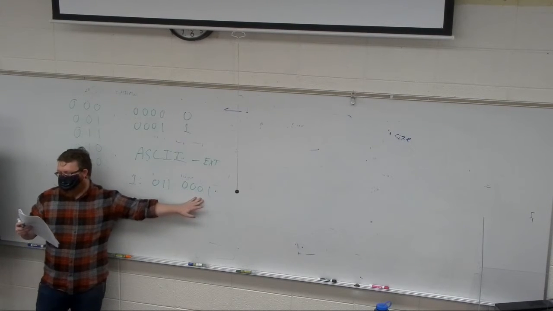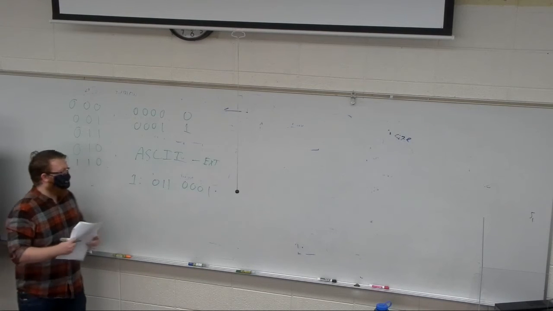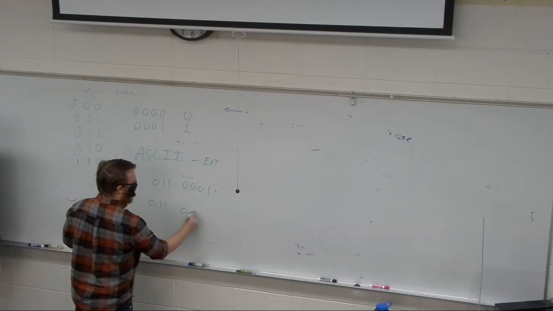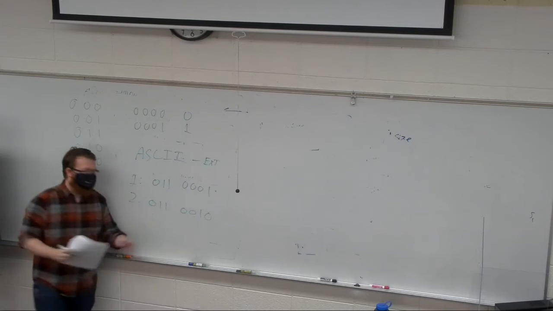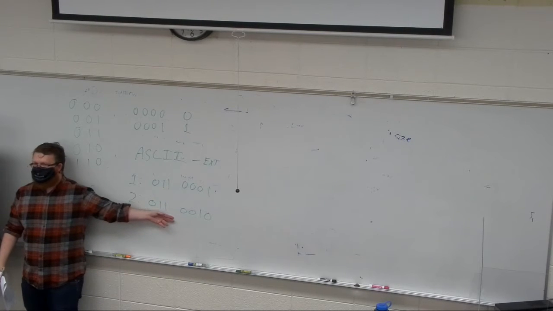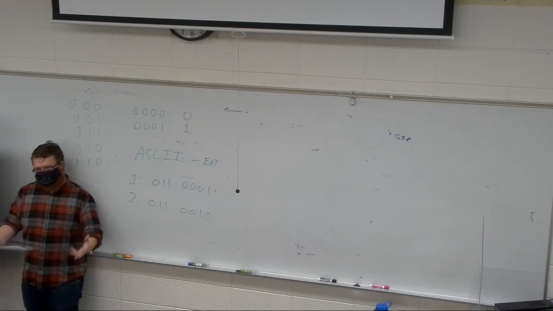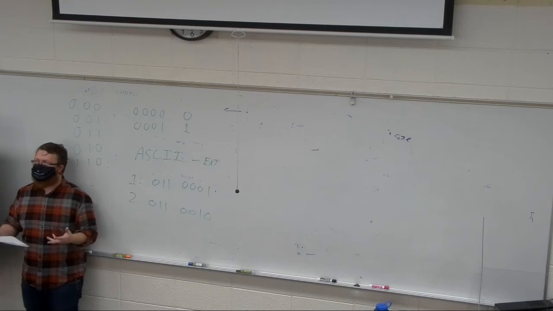You can follow down that table so that 2, that's 2 in ASCII, right? So this is one type of encoding that we see a lot in the real world, whether or not we're aware we're using it pretty much constantly.